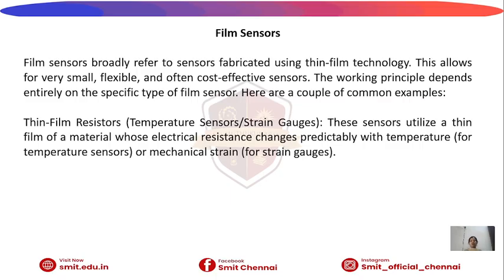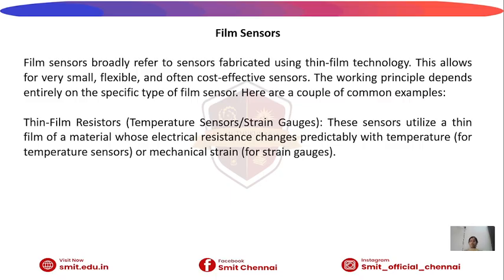For example, a thin film resistor is used in temperature sensors and strain gauges. The thin film resistor we are using is called a film sensor. These sensors utilize a thin film of a material whose electrical resistance changes with temperature. If resistance increases, temperature also increases; if resistance decreases, temperature also decreases.